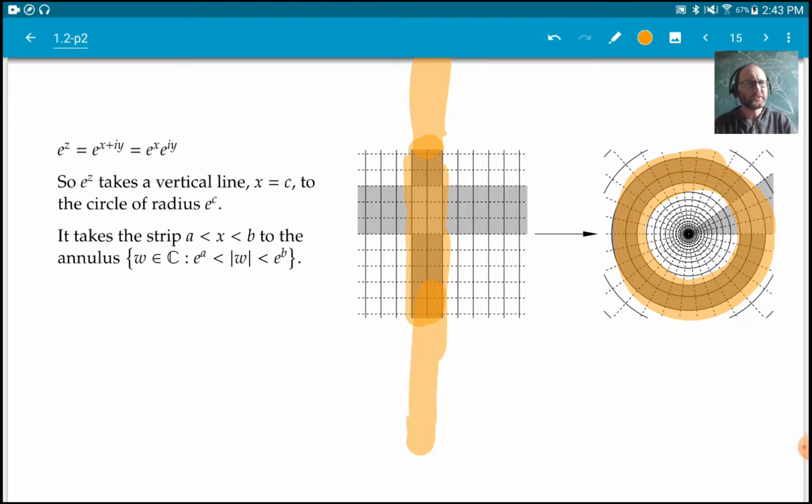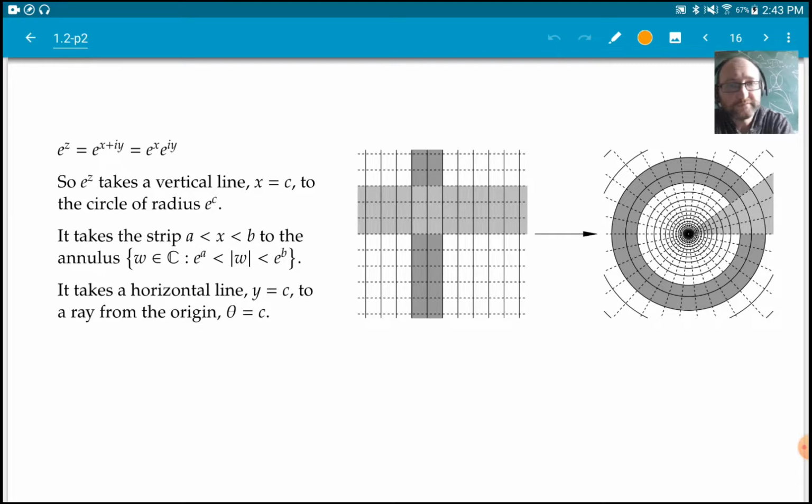If you wanted it to be one-to-one, you'd have to cut it at some point, which probably wouldn't be exactly what you wanted. But it takes the vertical strip onto an annulus. And you can check that if x is between a and b, then the modulus over here is between e to the a and e to the b.